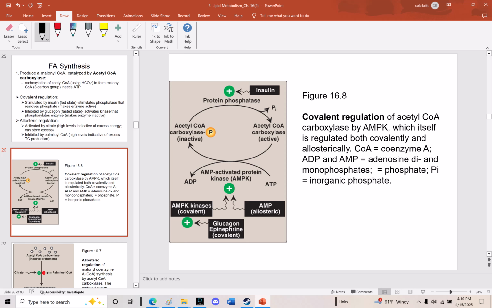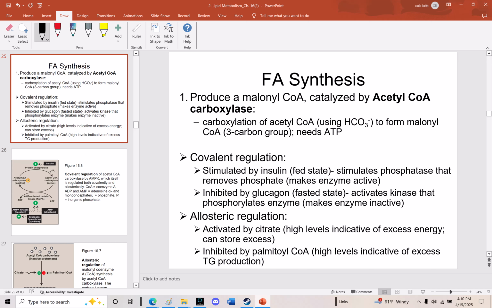Technically, acetyl-CoA is a 2-carbon, malonyl-CoA is a 3-carbon, so technically you end up with a 5-carbon, but you lose a carbon in that, so you end up with a 4-carbon. And then it just adds that again with another malonyl-CoA. You condense that as well, and you keep doing that. So you repeat condensing with another malonyl-CoA, and I'm actually going to show the picture and try to walk you through that diagram from the textbook.